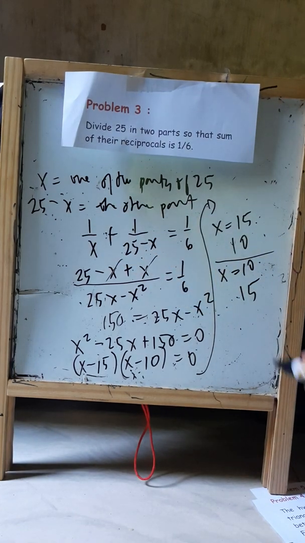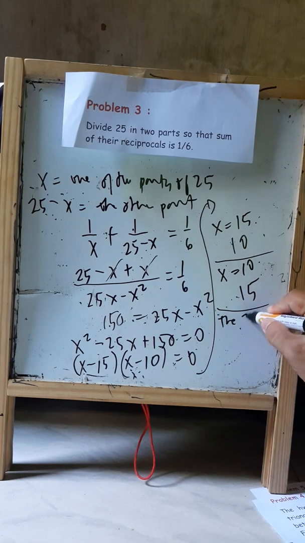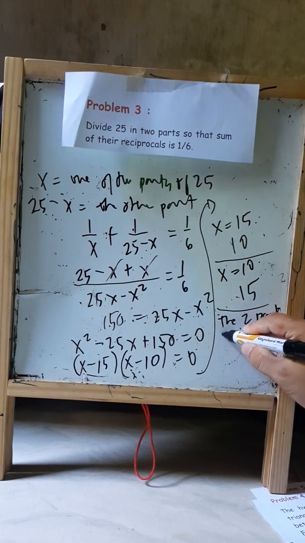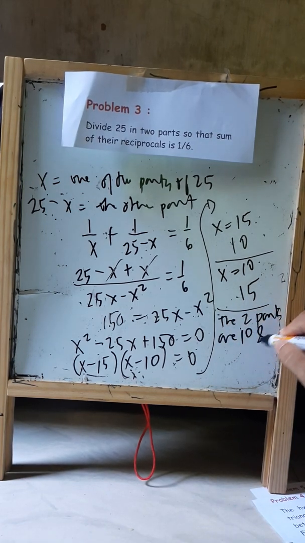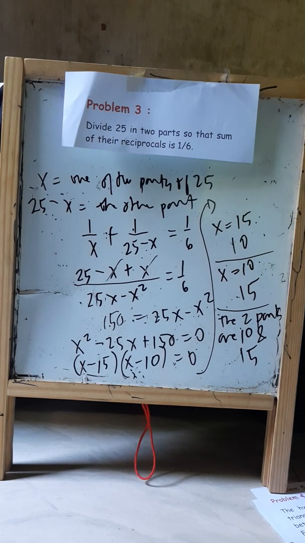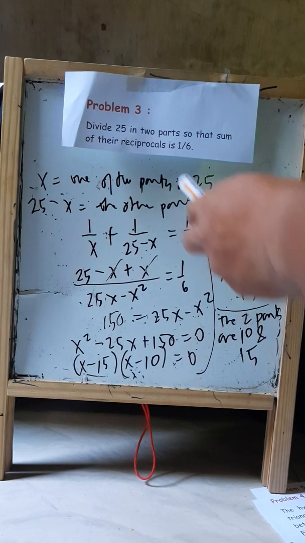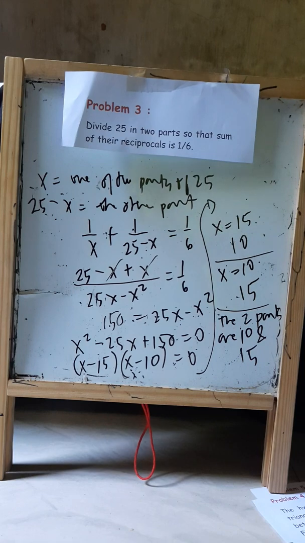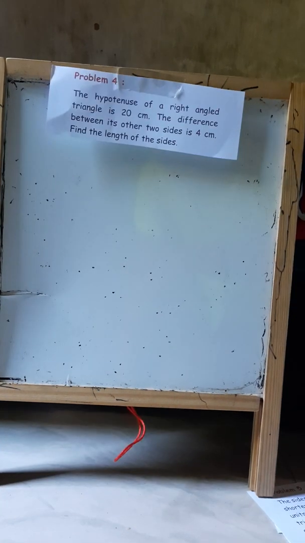So therefore the two parts are 10 and 15, so that the sum of the reciprocals of these two is equal to 1 over 6. And that's problem 3, let's proceed to problem number 4.